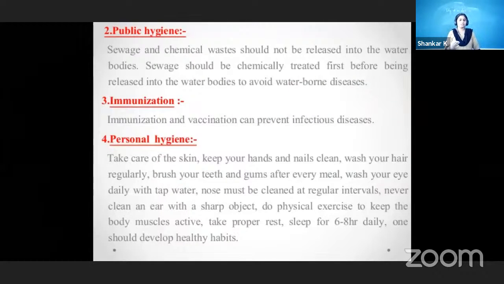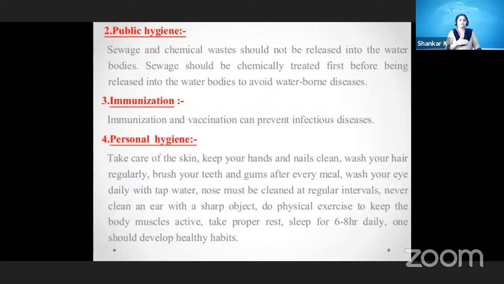Water bodies means the water we drink, which comes through tap water or bore water, and it will be contaminated through these things. Whatever activities we do every day, we throw garbage in nearby water bodies like a river.